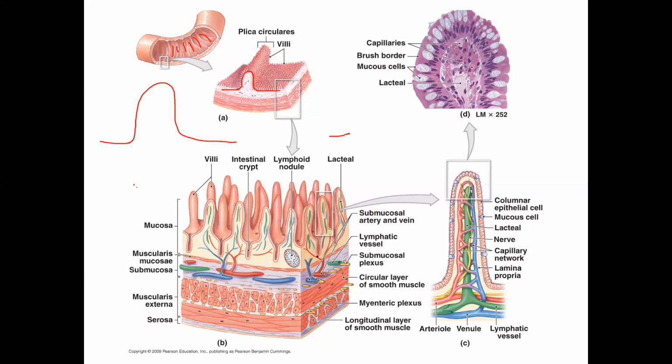So villi is the folding of mucosa. See, it's a mucosa layer. In the villi, the mucosa layer, see right here, this is the muscularis mucosa. This is the landmark to separate mucosa from submucosa.